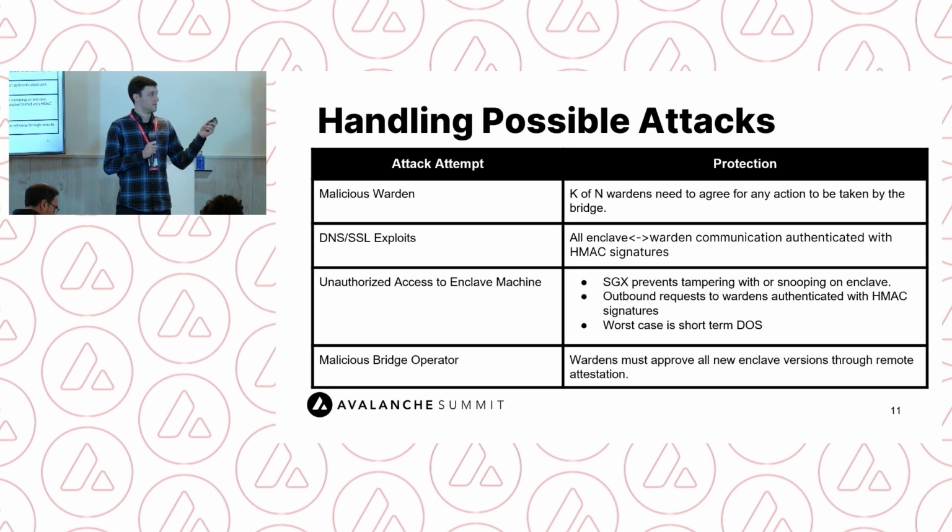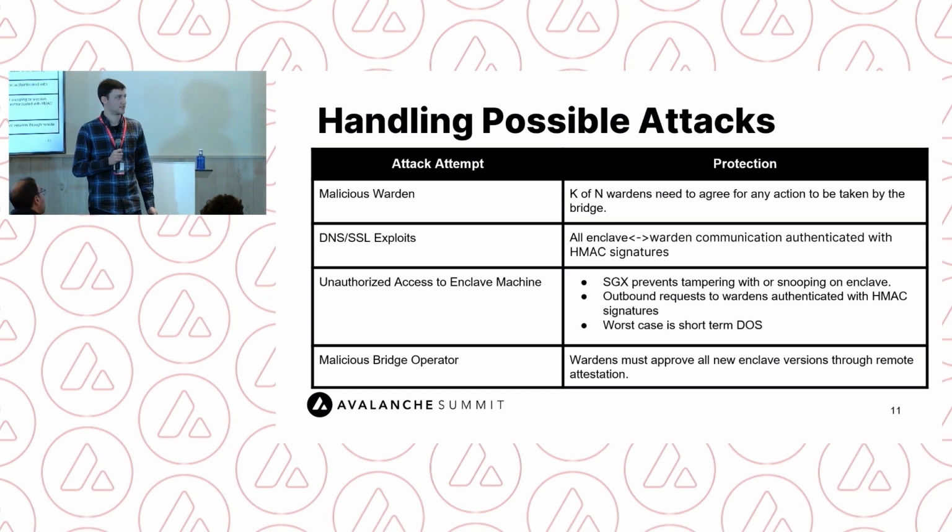Yeah, and a malicious bridge operator would be the last one to note here. So what if Avalabs pushes a bad commit to the bridge repo? The way that this is solved for in our model is that the wardens all perform attestation of the enclave every time the enclave restarts. So the wardens are verifying not only that the enclave is running in a valid SGX enclave, but also the version of the source code that it is running.